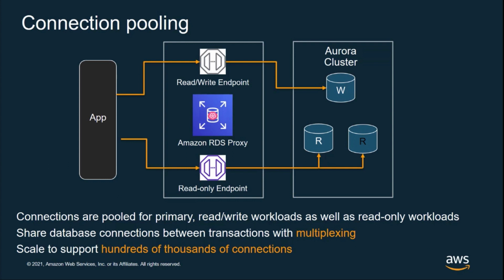When it is safe to do so, RDS Proxy returns that connection to the connection pool. In some cases, RDS Proxy can't be sure that it is safe to reuse a database connection outside the current session. In these cases, it keeps that session on the same connection until the session ends. This fallback behavior is called pinning.